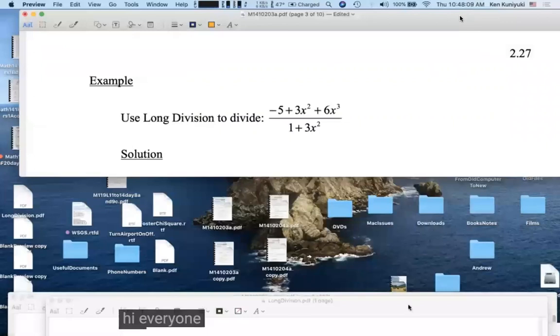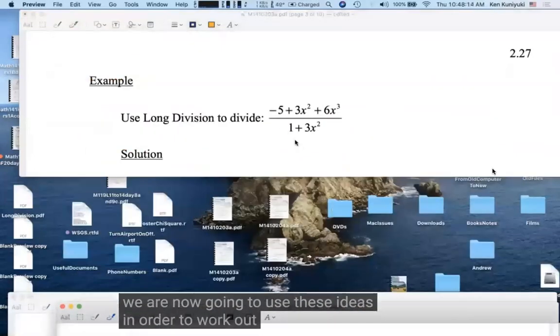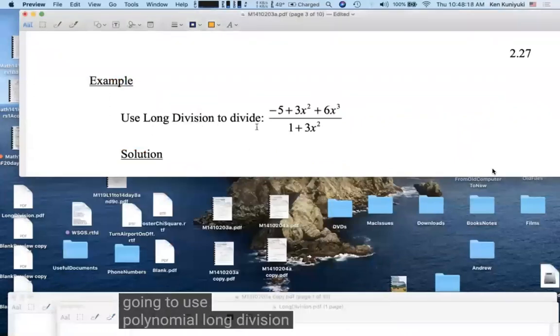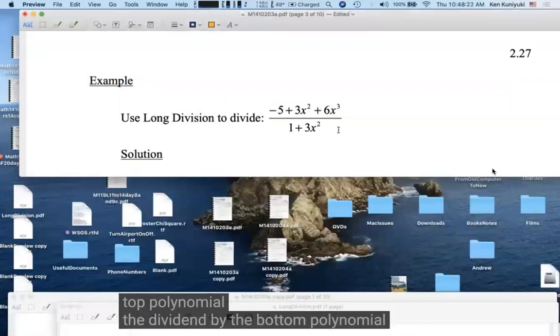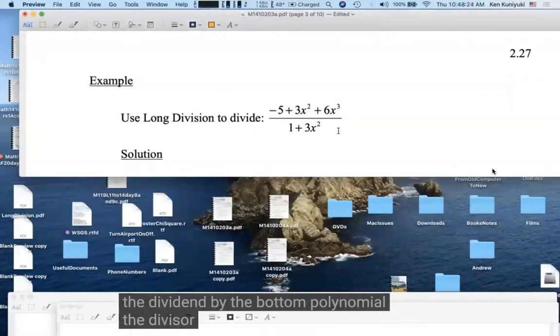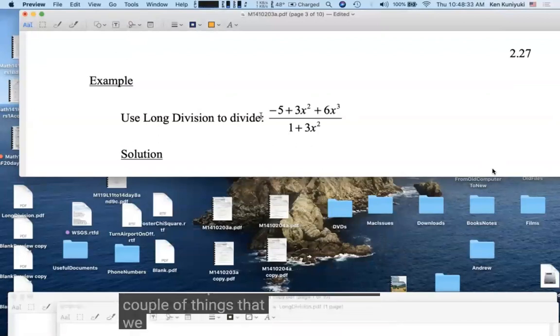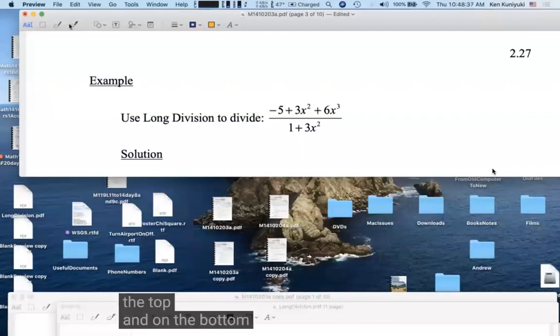Hi, everyone. We are now going to use these ideas in order to work out this problem. We're going to use polynomial long division to divide the top polynomial, the dividend, by the bottom polynomial, the divisor. In 2.6, we're going to look at this as rewriting a rational expression. Now, there are a couple of things that we don't like about the polynomial on the top and on the bottom.